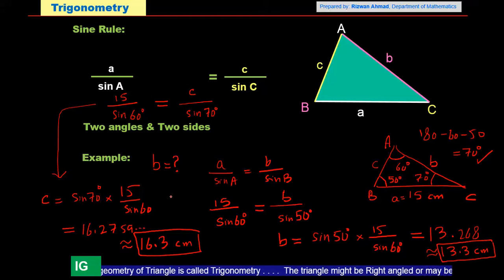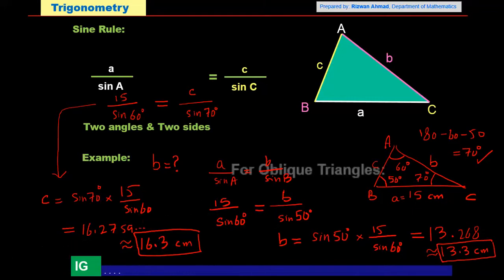And the smallest angle, 50 degrees, will have the smallest length opposite to that. So that's why b is the smallest here, which is 13.3 centimeters. So this is the sine rule for the oblique triangles.